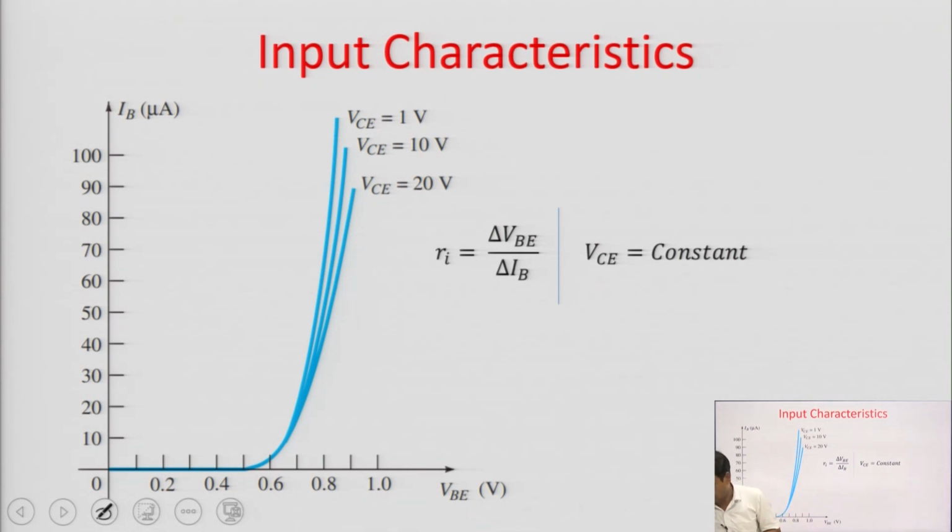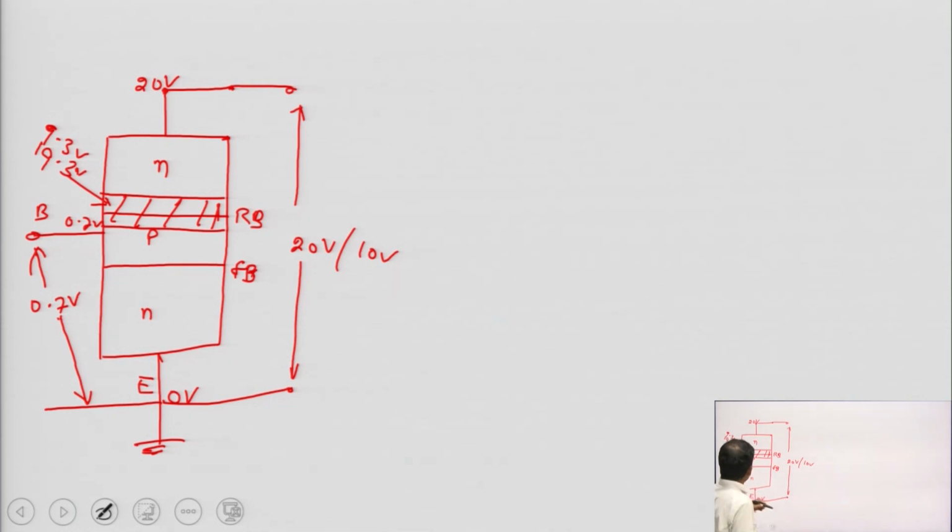Now, the third condition is for 1 volt. If we are taking this 1 volt, then what will be here? Then this junction will be reverse biased with 0.3 volt. This means in this condition the width of the depletion layer will be minimum and the number of majority carriers at the base layer will be maximum.